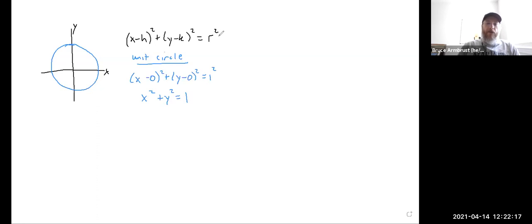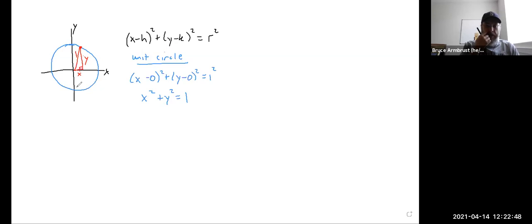Now I don't know if you remember where this came from, but if you look at just some generic point here and draw this right there, it's a right triangle. That's length x, that's length y, and this is length 1.